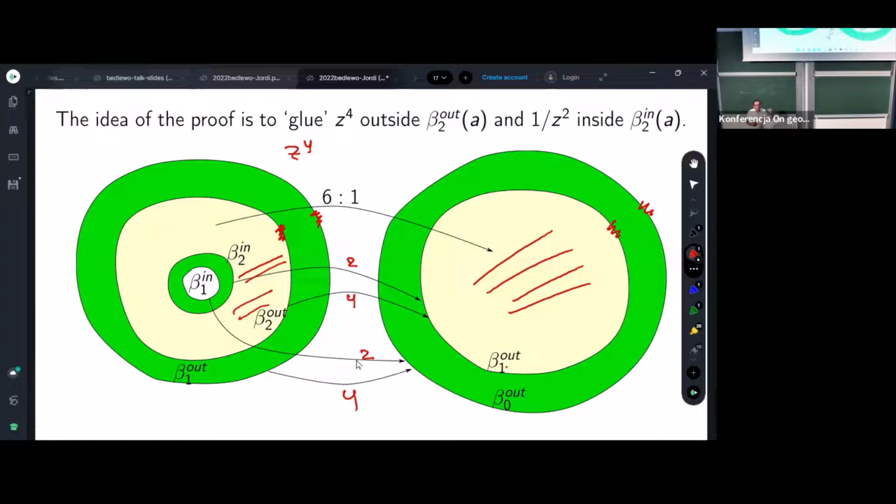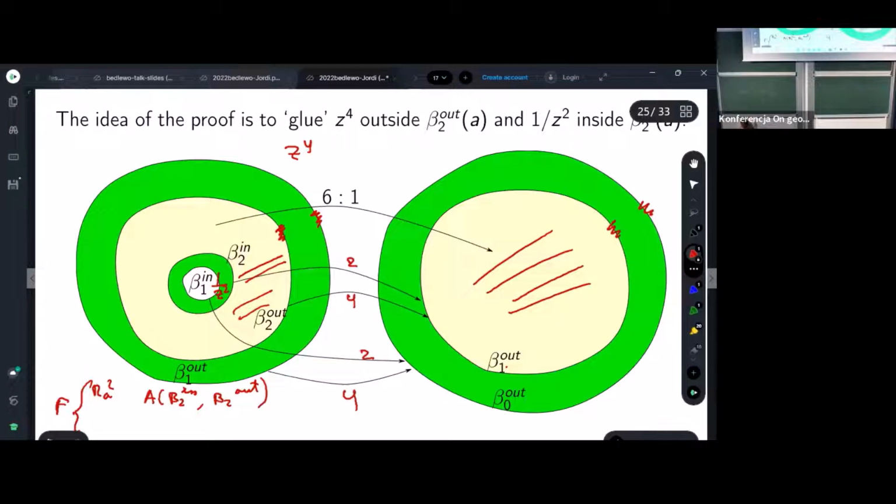So somehow the idea is that we can do the same kind of surgery, and I'm going to put 1 over z squared in the interior. Okay, so the idea is the same. I don't want to write the details because it's very similar to the polynomial-like mapping. So your model map F is going to be 1 over z squared in the annulus bounded by beta 2 in and beta 2 out.